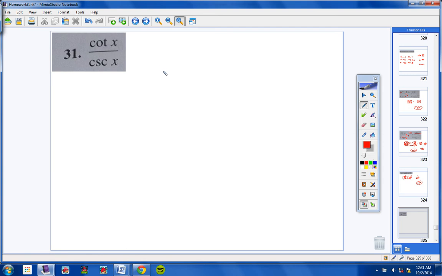Okay, I'm going to rewrite the top of that fraction. Cotangent would be cosine over sine. And the reason I'm doing that, students, if I get a fraction up top and a fraction in the bottom, then I can divide the two fractions and hopefully be able to simplify. Okay, so cosecant would be 1 over sine.